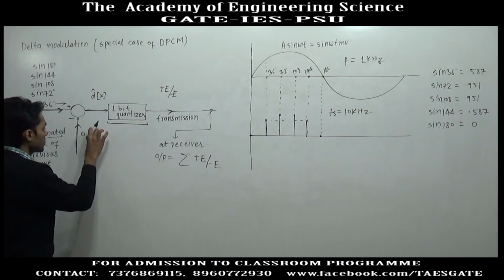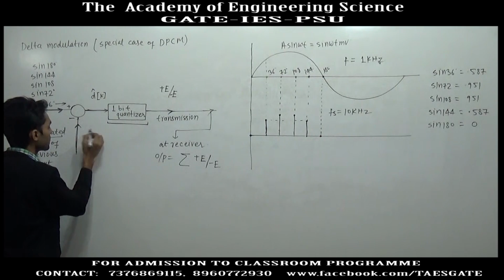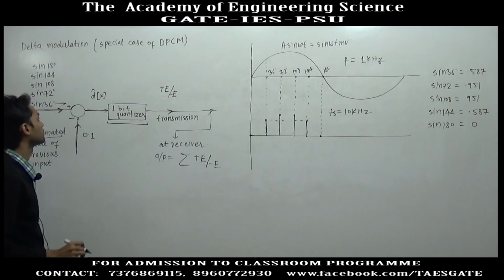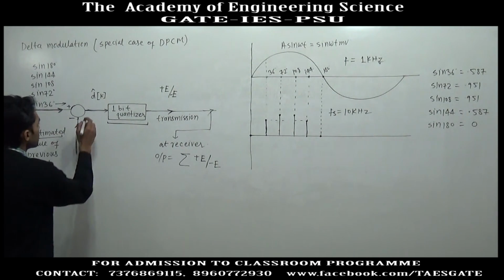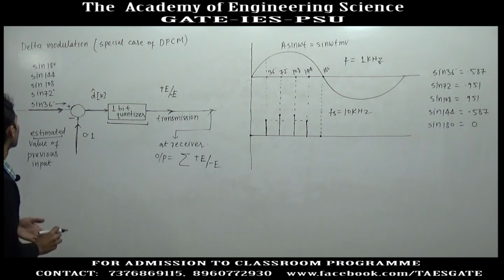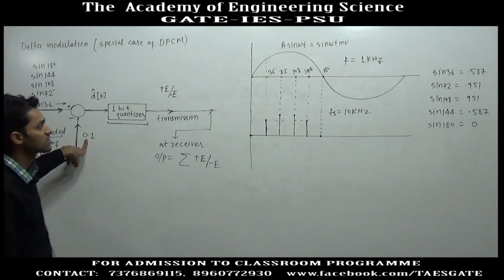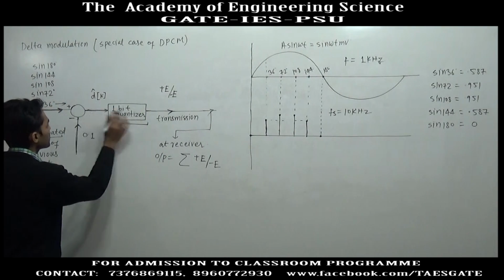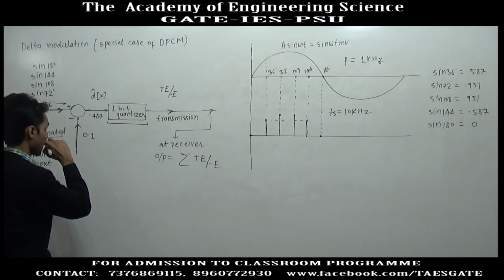So suppose the estimated value of the previous input is not exactly 0, but 0.1. So the first input to the quantizer will be the difference between sin 36 degree and 0.1. Sin 36 degree is 0.587, so the first input to the quantizer will be 0.487 millivolt.